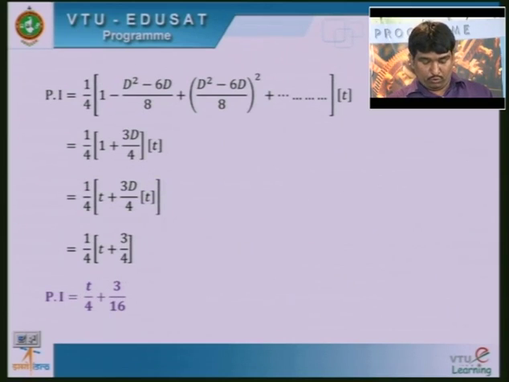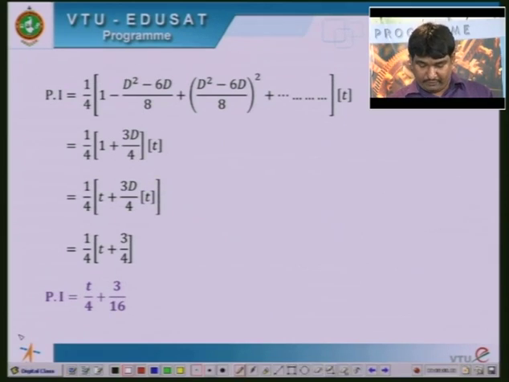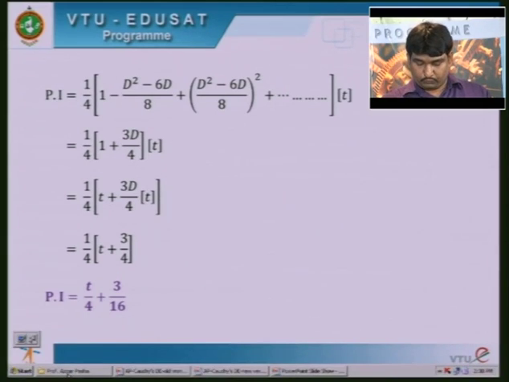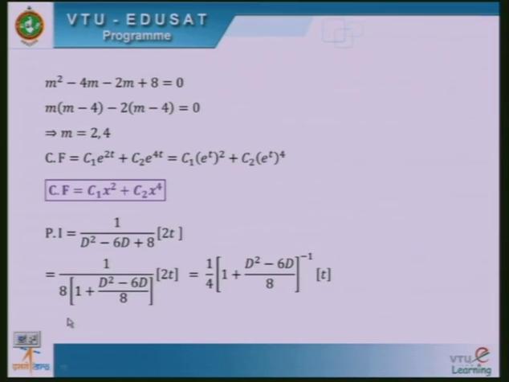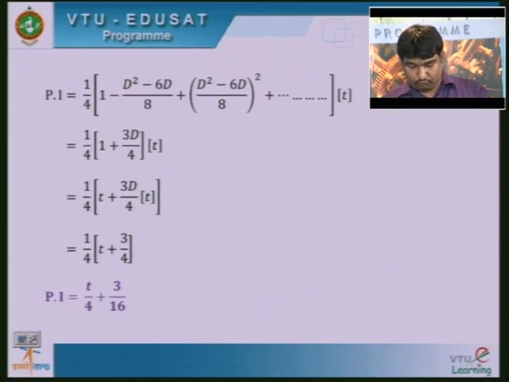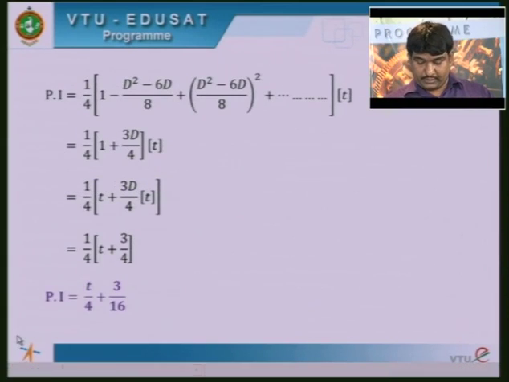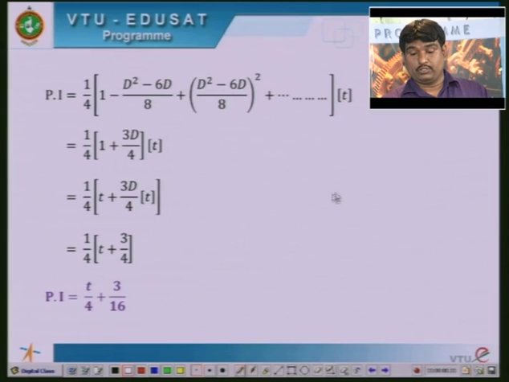I'll show you one more method of arriving at this result. What is the polynomial? It is d square minus 6d plus 8 is the operator. D square minus 6d plus 8.